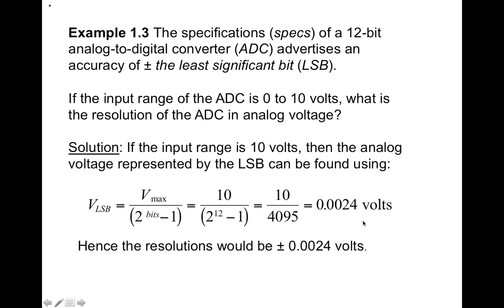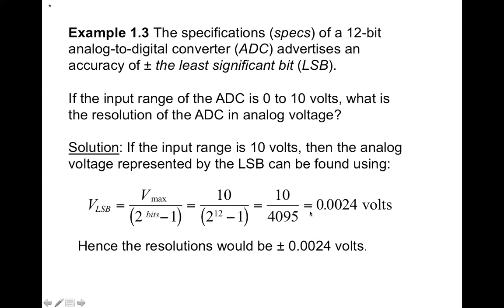This gets into a practical application of something that I think confuses a lot of high school and undergraduate students, and that is this idea of significant digits. We talk a lot about significant digits, and we try to explain to students how when you're talking about a voltage, you only want to give the answer in terms of significant digits. In this particular example, this gives you a very good representation of what is meant by significant digits.